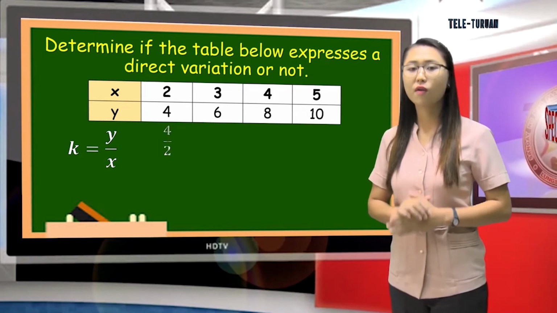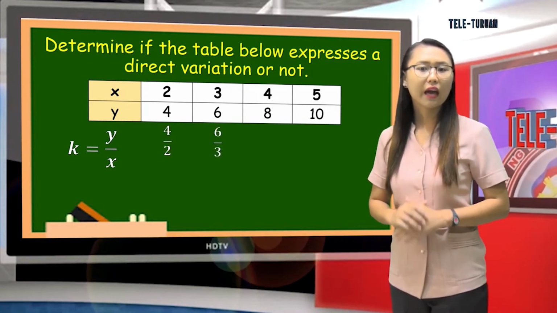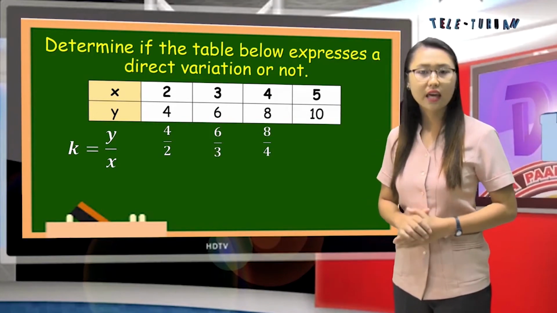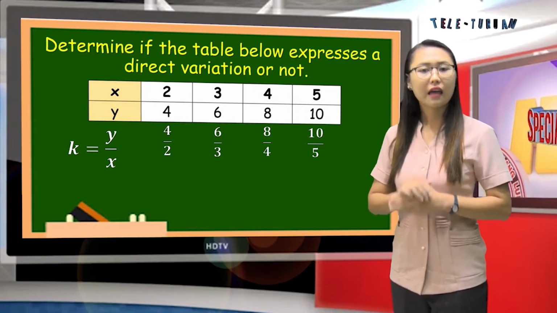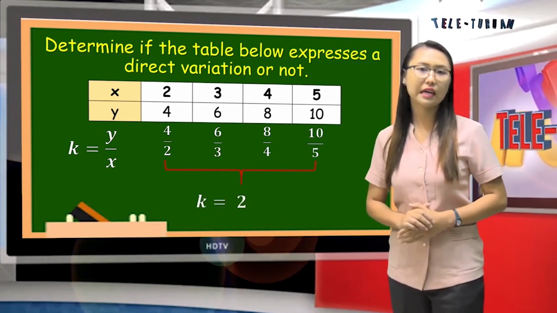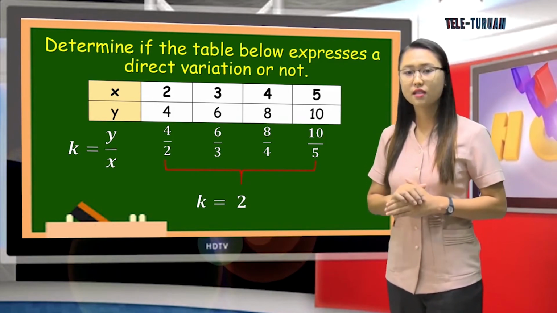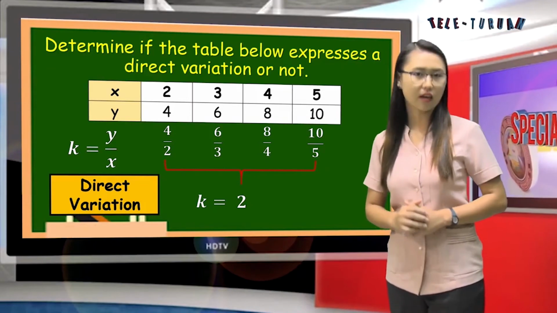So we have 4 over 2, 6 over 3, 8 over 4, and 10 over 5. When you simplify this, the answer is 2. So the constant of variation is 2. Since the quotients are equal, therefore, this is a direct variation.